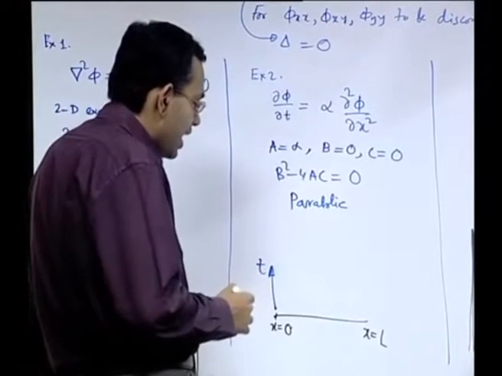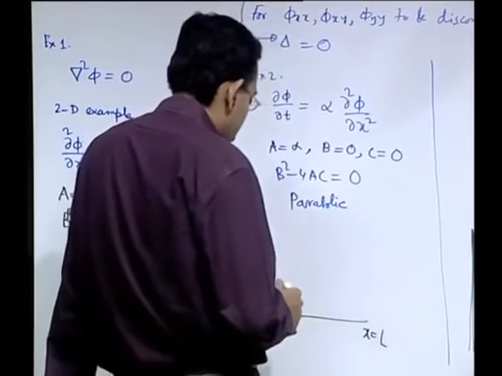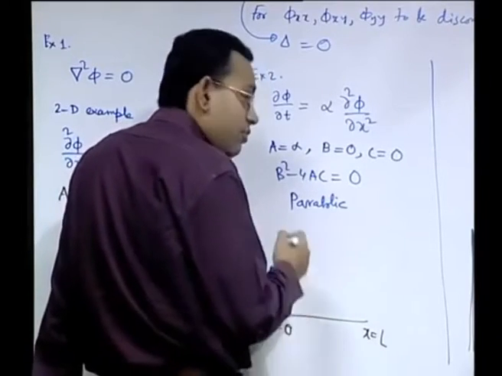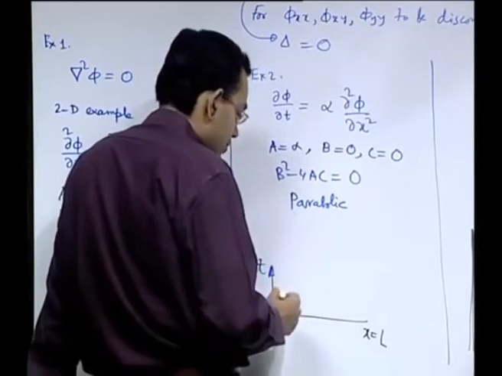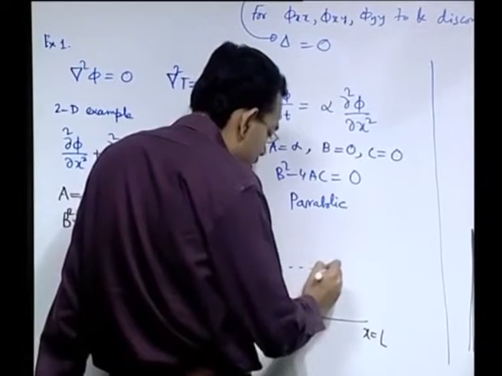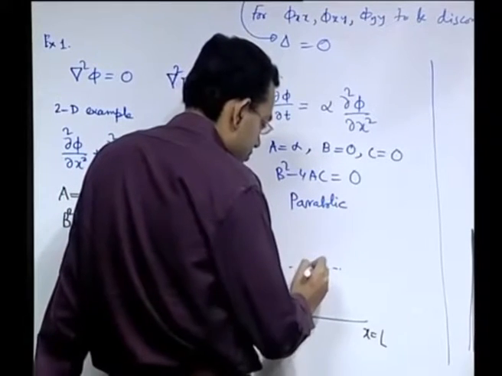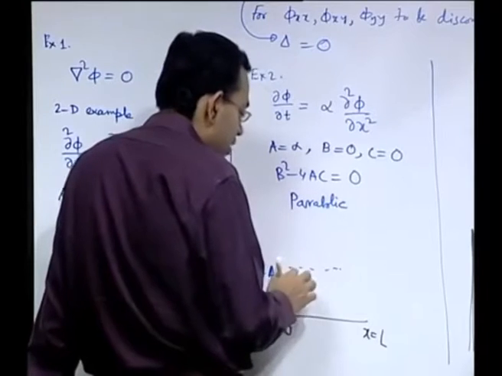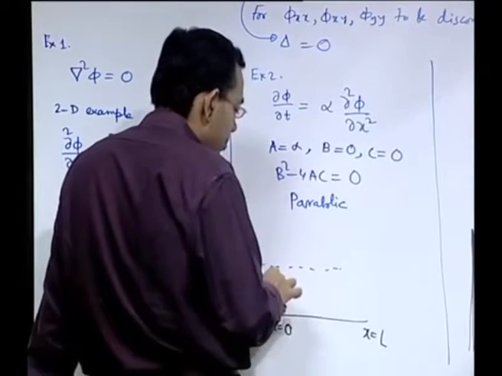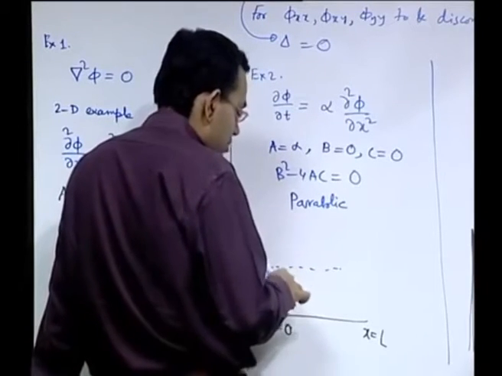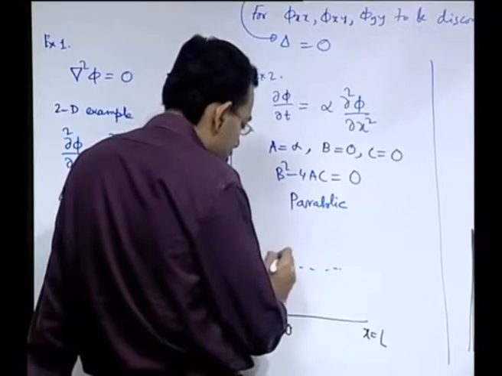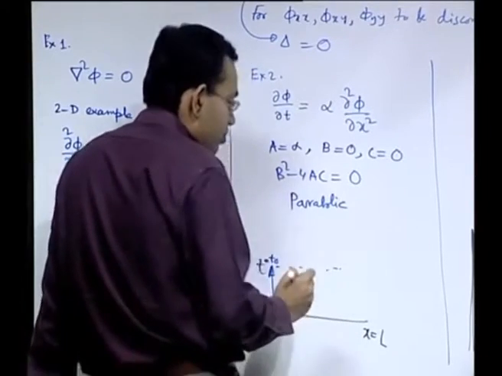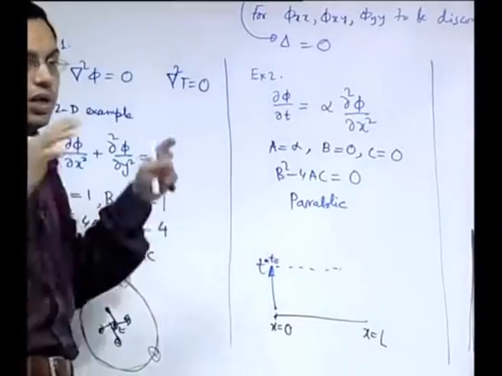If you see that, we are having an event at a particular time, say right now an event is occurring, say at some time, t equal to T0, you are creating a thermal disturbance.